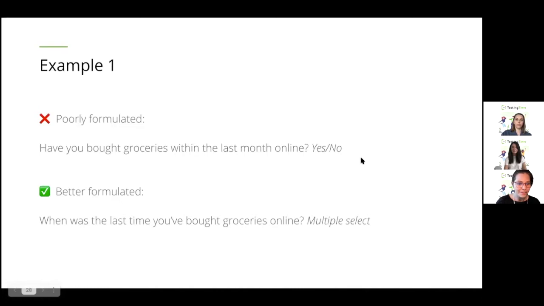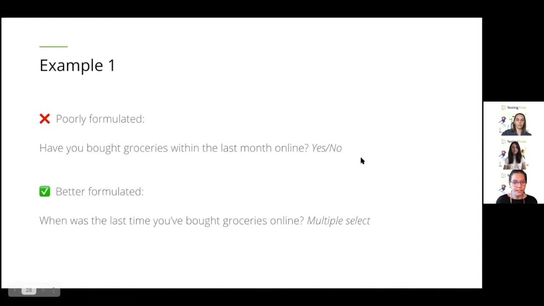Now to the rapid fire and our examples. Have you bought groceries online within the last month? Yes or no? My problem with this is that we ask for approval. That means we're giving away what we're actually looking for, and it makes it really, really easy for people to just click yes, and then they're already included in the study, but maybe they're not actually the people you're looking for.